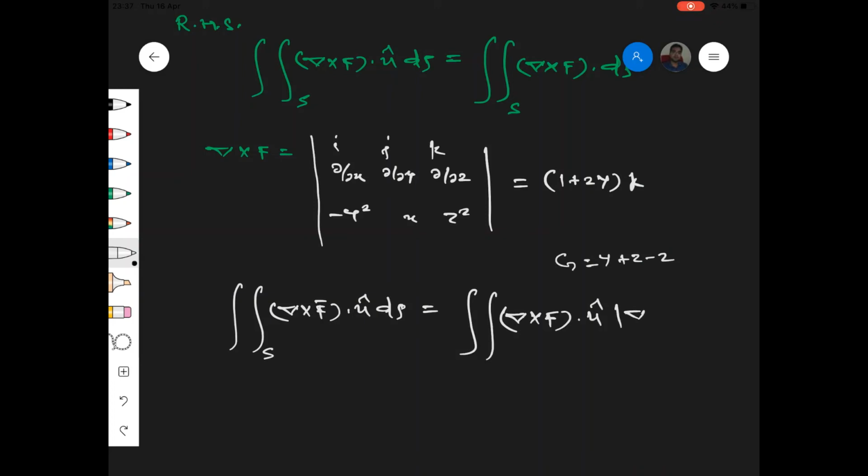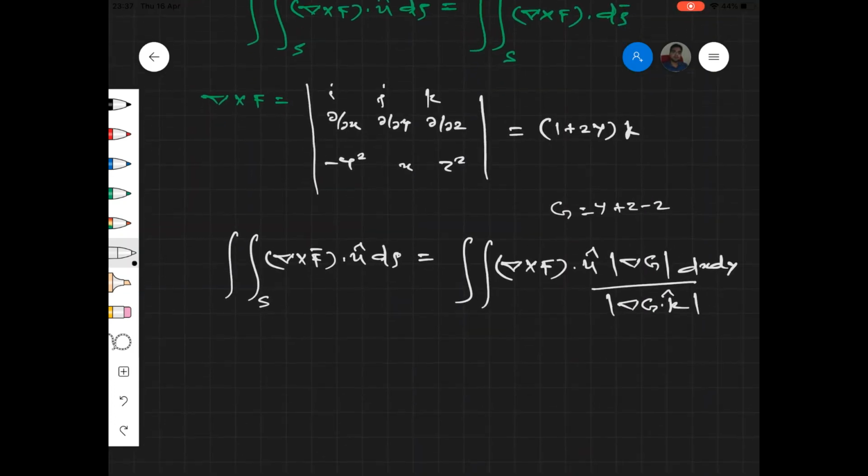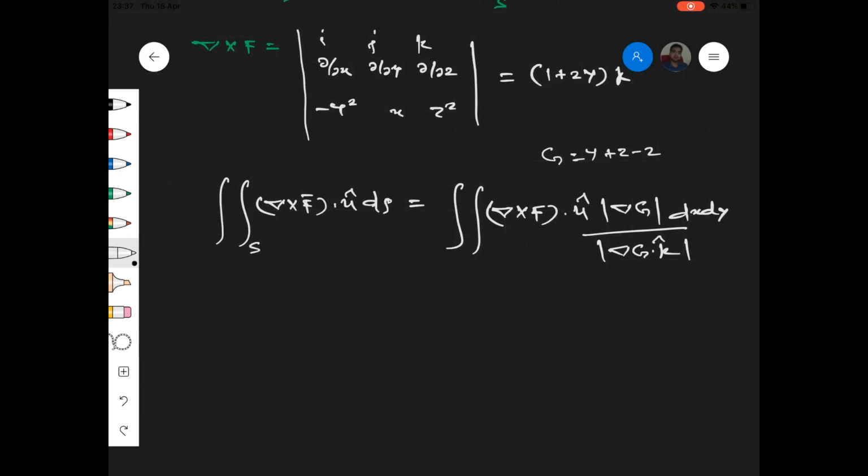So it is going to be mod del g divided by mod del g dot k cap, k cap because we are going to take the projection in the xy plane. Here we can write dx dy. So now let's evaluate everything one by one.